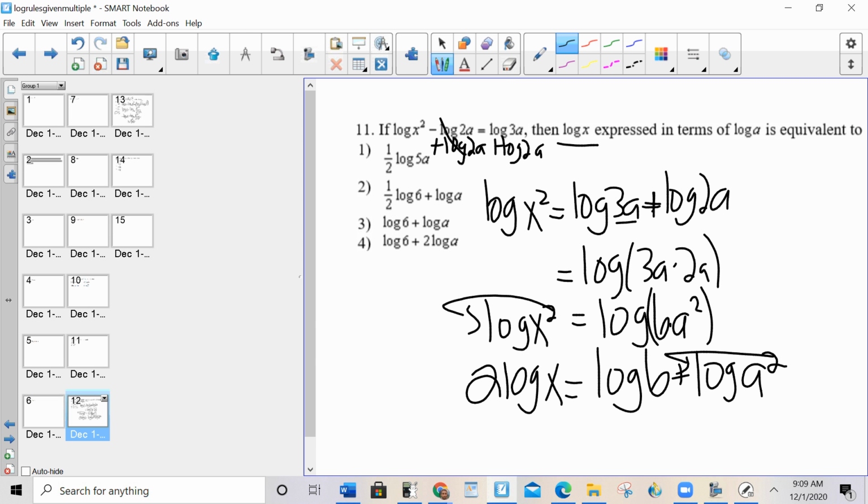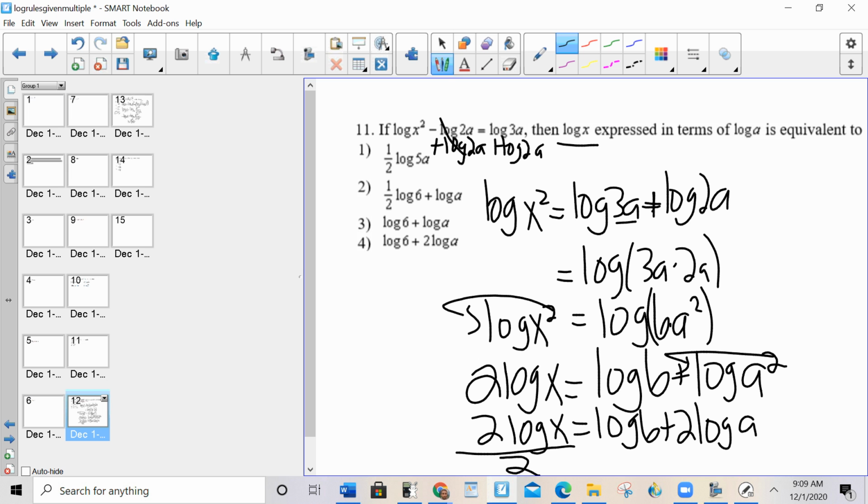Power rule again. 2 log x equals log 6 plus 2 log a. And now again, I don't want 2 log x, I want log x, so I divide by 2.